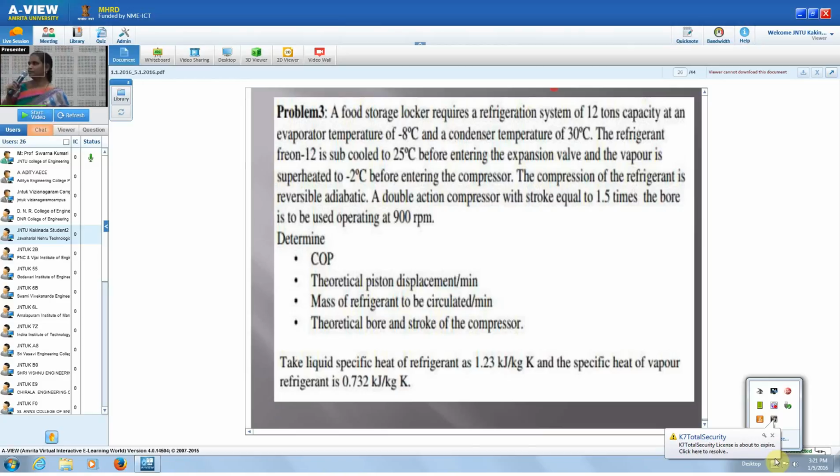So note down another problem. This is the design of the compressor: how much bore is required, how much stroke is required. A food storage locker requires a refrigeration system of 12 tons capacity at an evaporator temperature of minus 8 degrees centigrade and a condenser temperature of 30 degrees centigrade.